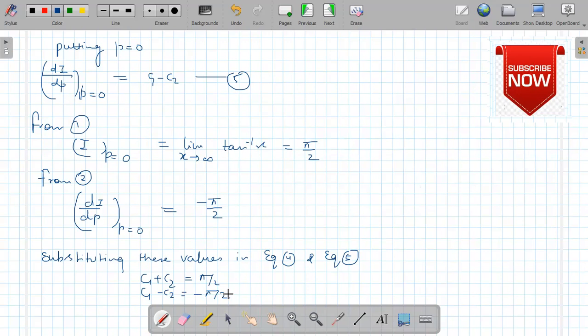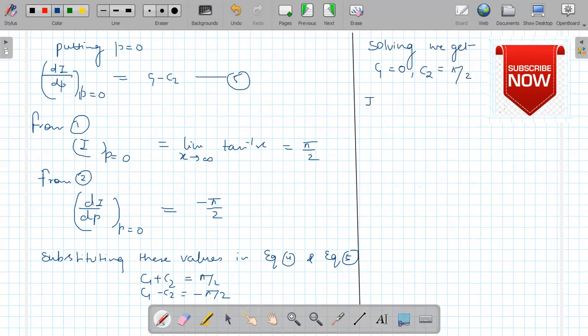When you solve these two equations, we get c1 is equal to 0 and c2 is equal to pi by 2.